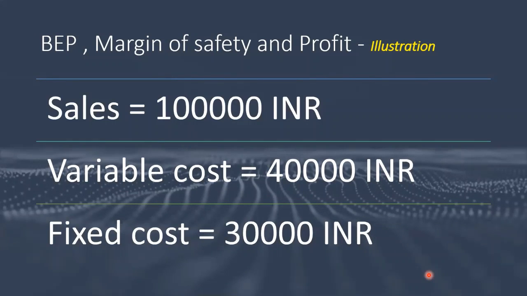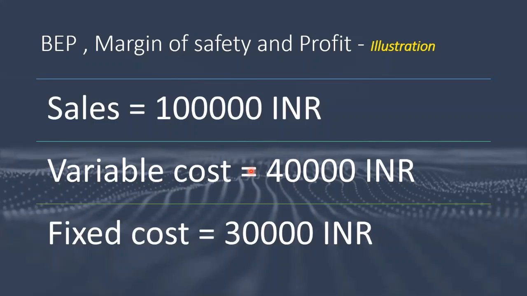We can find BEP sales. How? 1 lakh minus 40,000, which is 60,000, is the contribution. 30,000 divided by 60,000 will be 50%. 50% of sales will be what? 50,000 will be your break-even point sales.